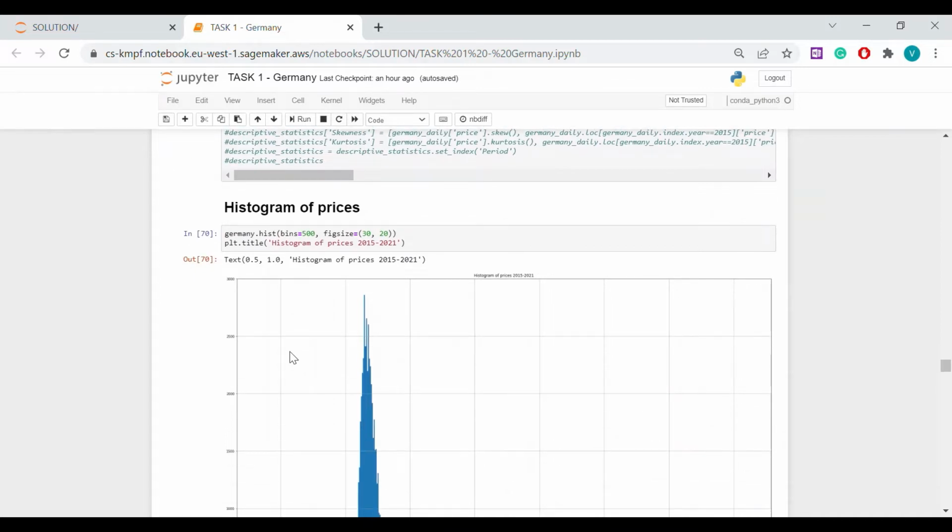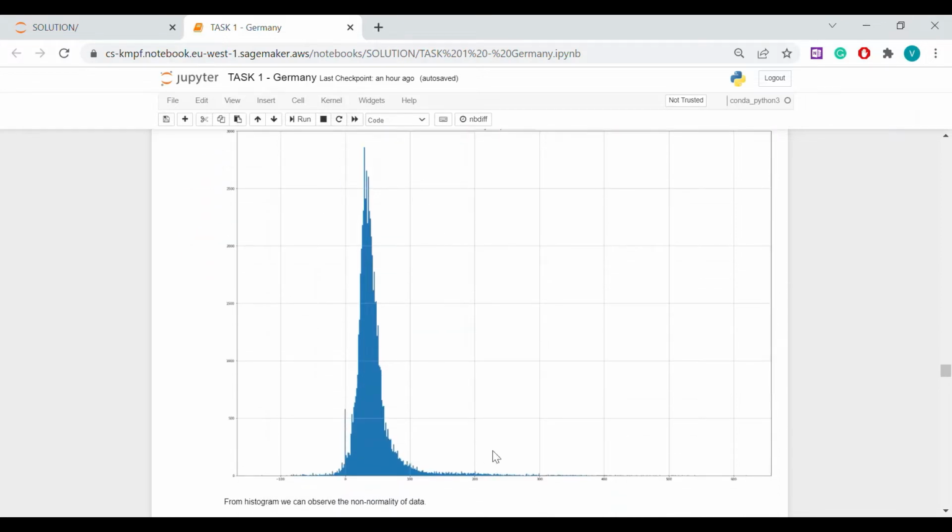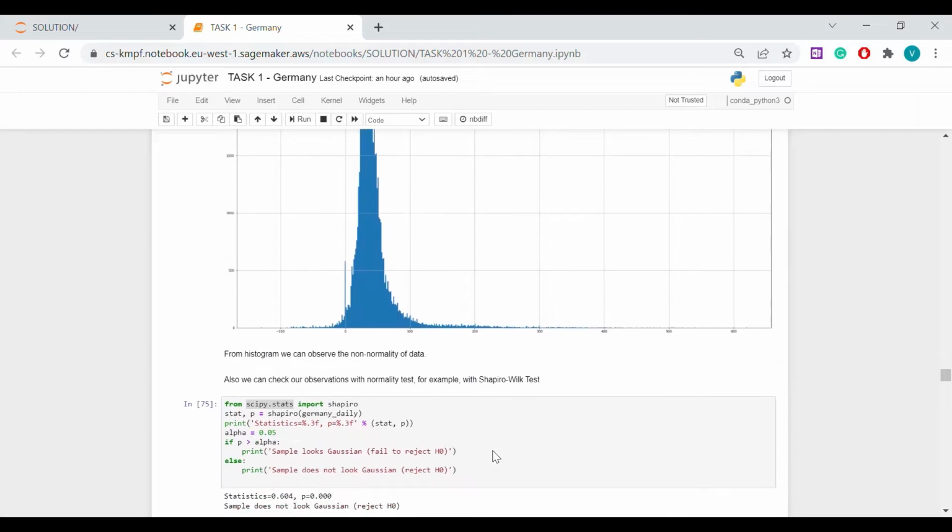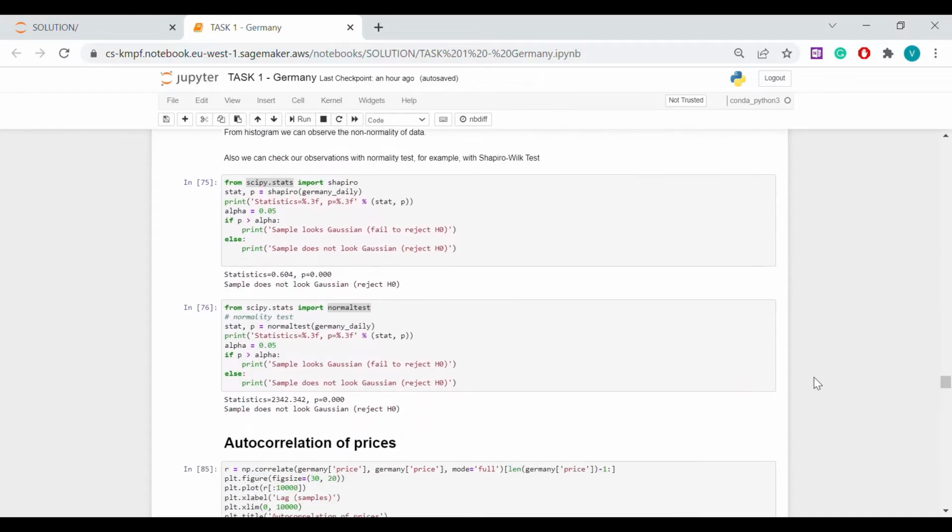Also, we can plot the histogram of prices on this picture, from which we can also observe the normality of the data. And finally, we can check our observations with a normality test, for example, with the Shapiro-Wilk test. The Shapiro-Wilk test tests the null hypothesis that the data was drawn from a normal distribution.